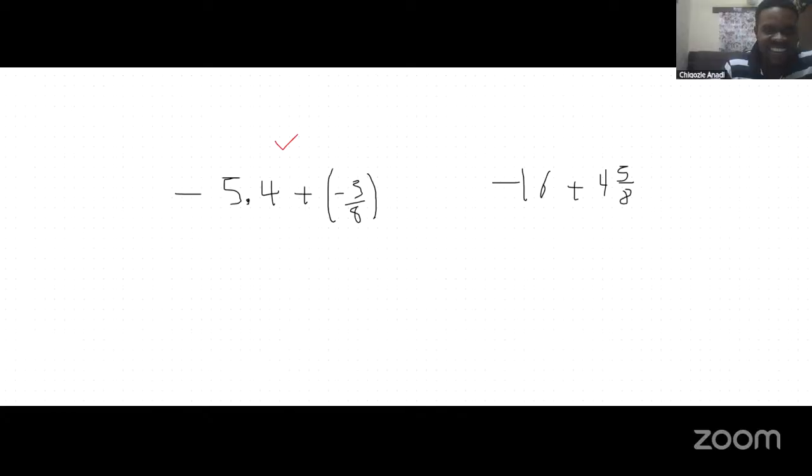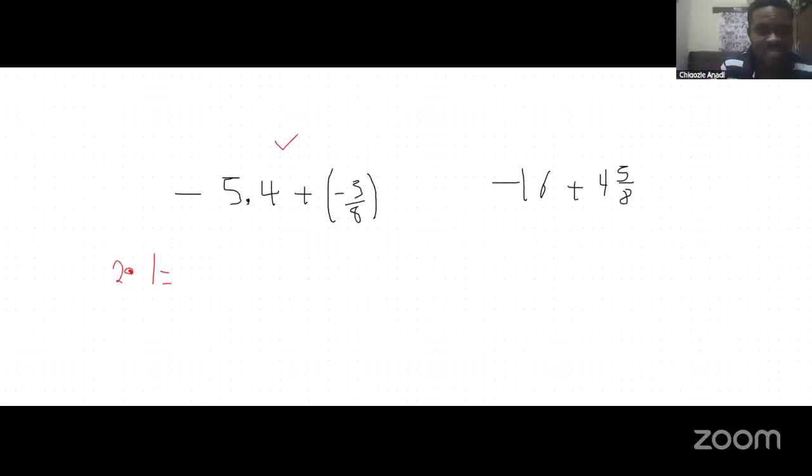Imagine you have 2.1, and you're asked to turn 2.1 back to a fraction. How many decimal places is 2.1? One decimal place, correct.